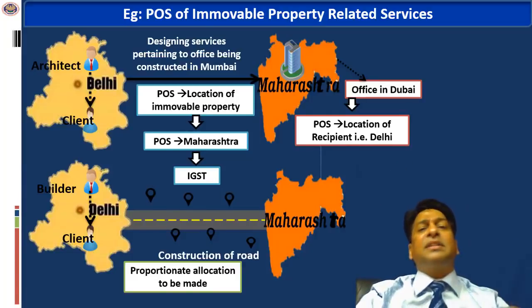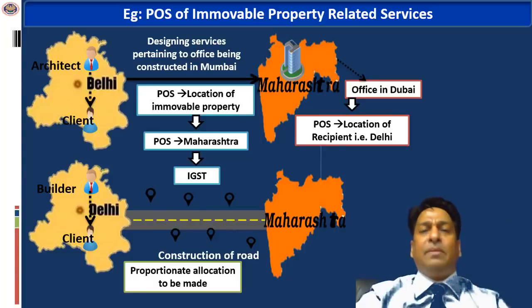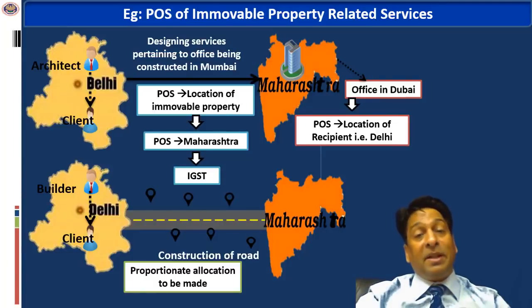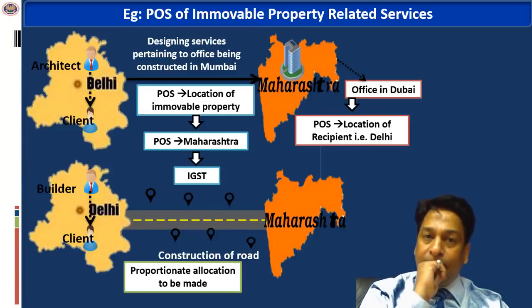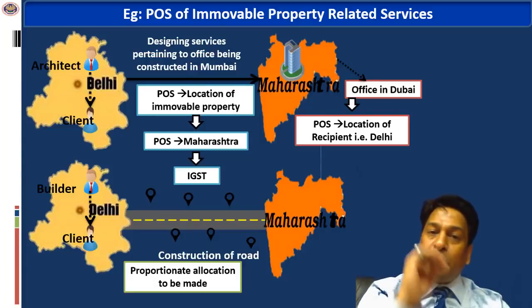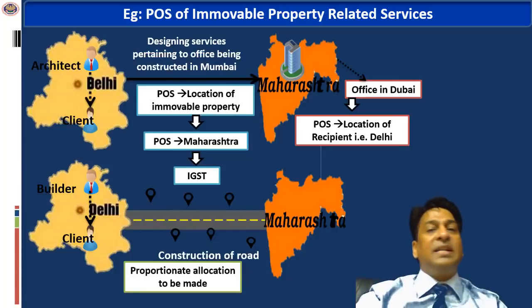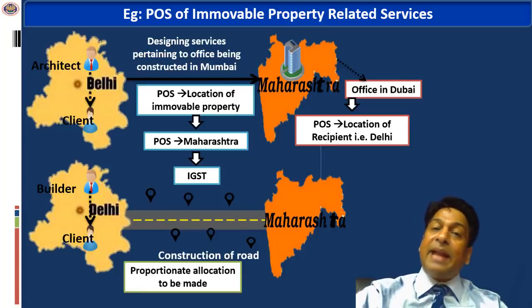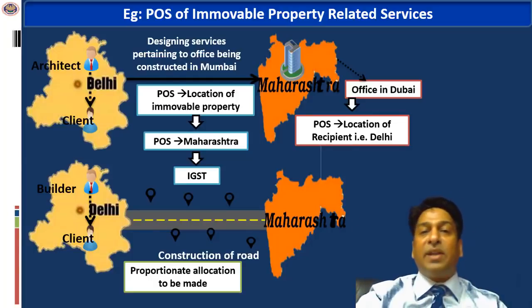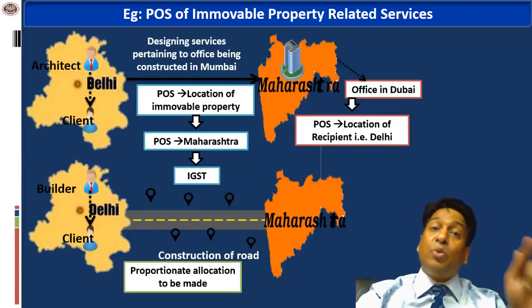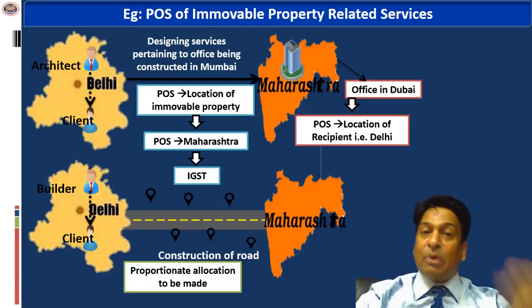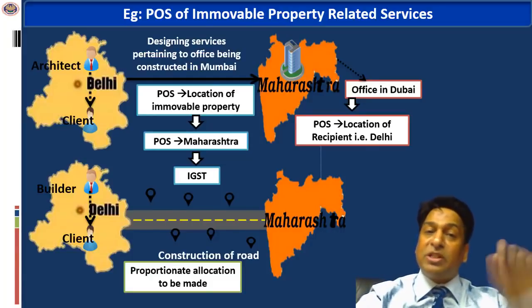Thoroughly done. Let's assume, in the next example, this property is not in Mumbai but in Dubai. But this property belongs to a recipient registered in Delhi, with GST leviable, because this property is located outside India. For that, the proviso clearly says if the property is located or intended to be located outside India but belongs to an owner registered and located in India, then the place of supply is the location of the recipient.